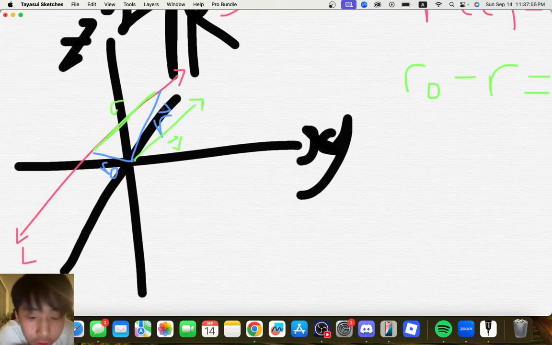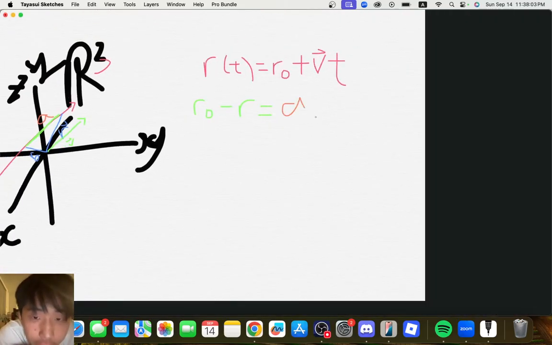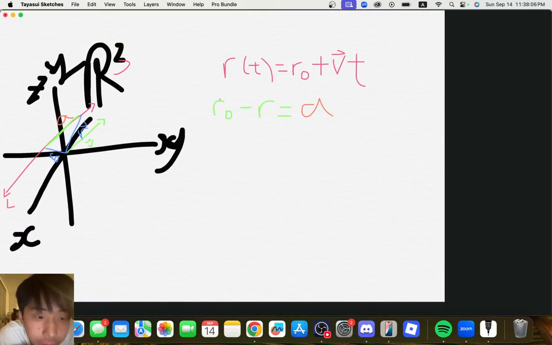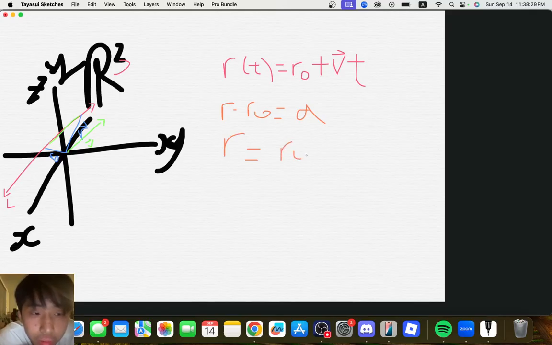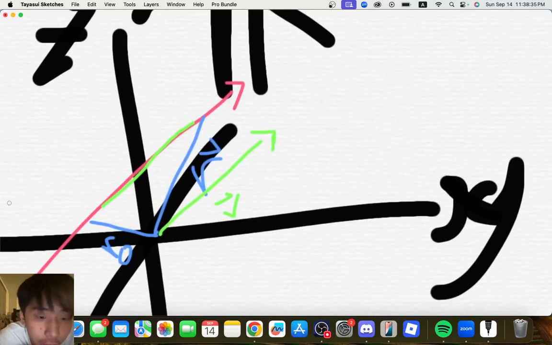This length we actually call A. And it's more specifically R minus R0 equals A. And therefore R equals R0 plus A. In the previous video I showed you the vector addition stuff.